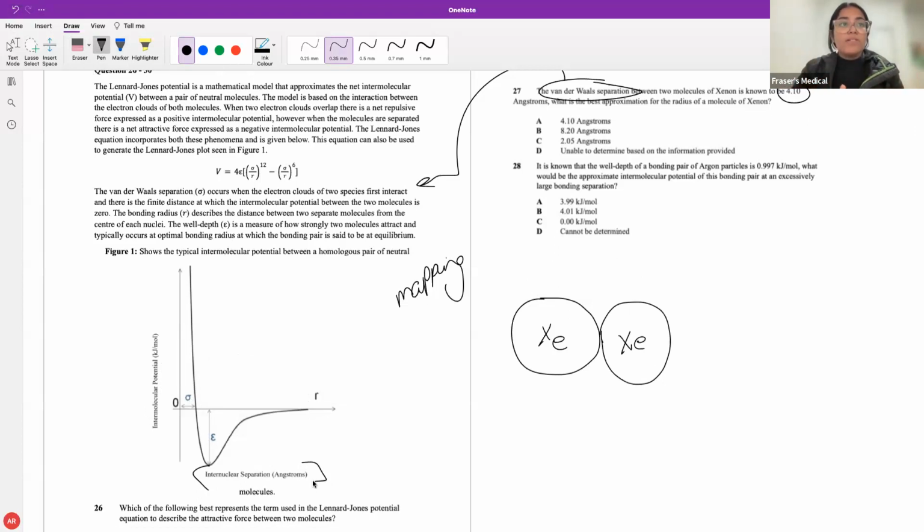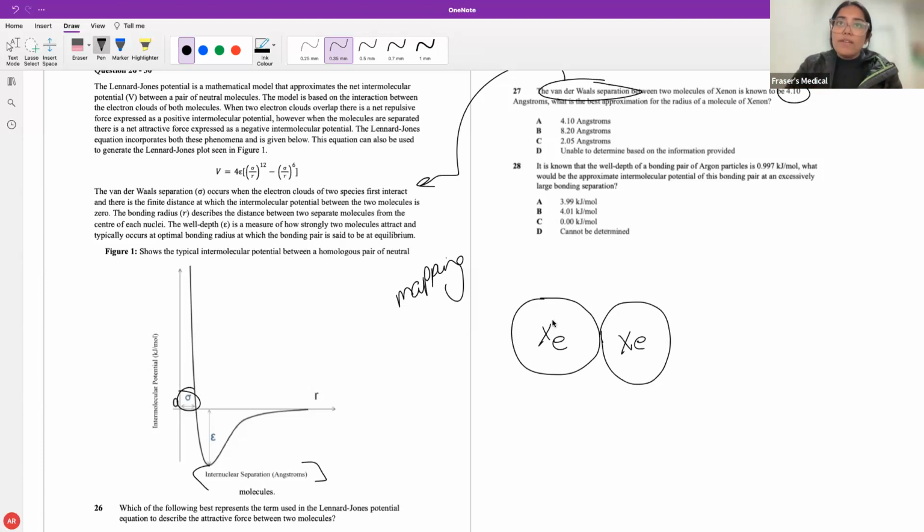Internuclear, break that word down. Inter meaning between, nuclear meaning nuclei. So it's the separation or the distance between the two nuclei. And we can see that sigma is on the x-axis, which means that sigma, or whatever value I have, is the value for internuclear separation, or the distance between two nuclei. Does that make sense now?